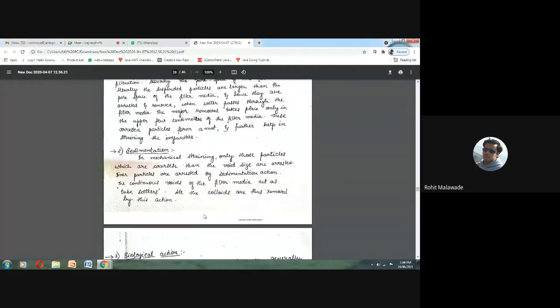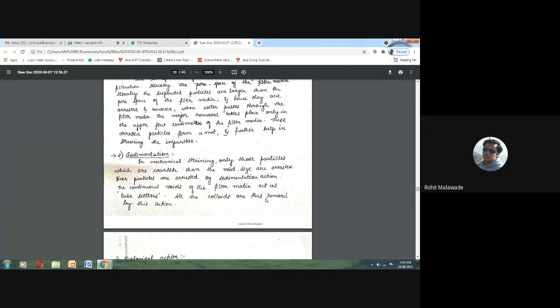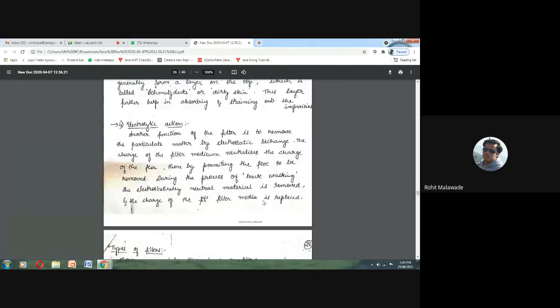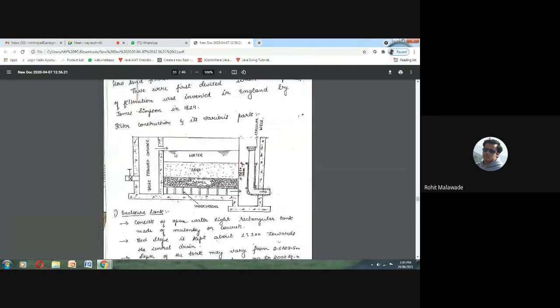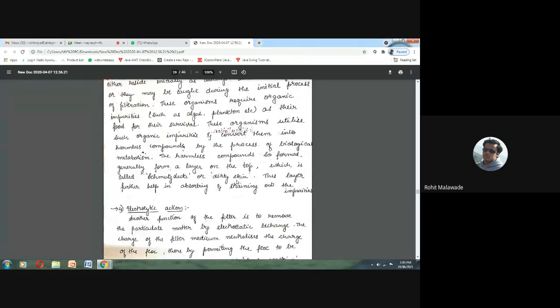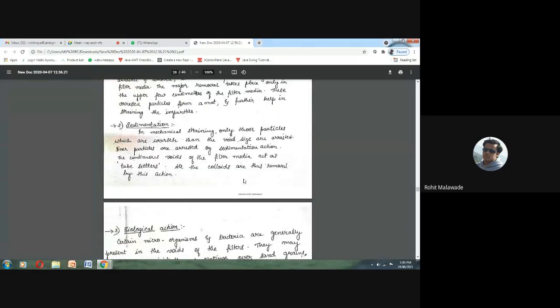Then sedimentation. In mechanical straining, only those particles which are coarser than the voids get arrested. The particles which are larger than your sand particle will be arrested here. In sedimentation, the continuous voids of the filter media act as tube settlers.